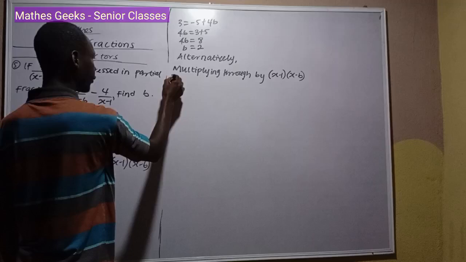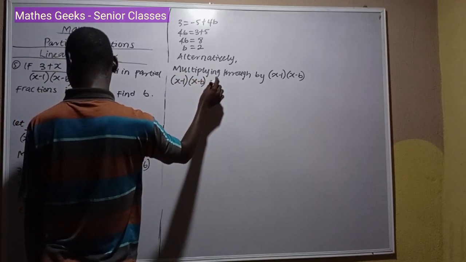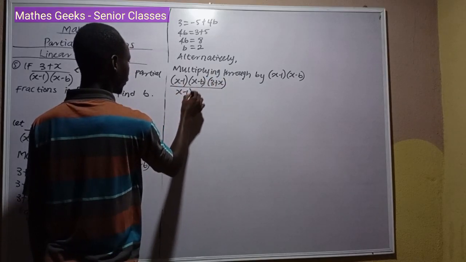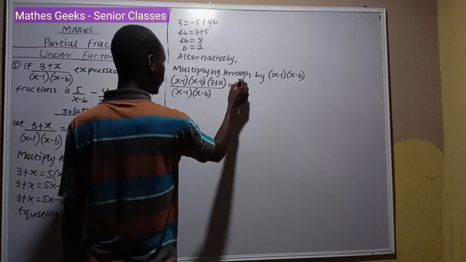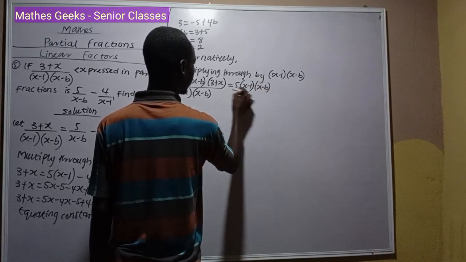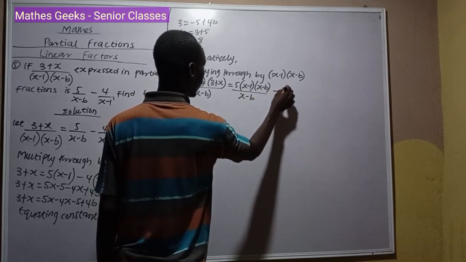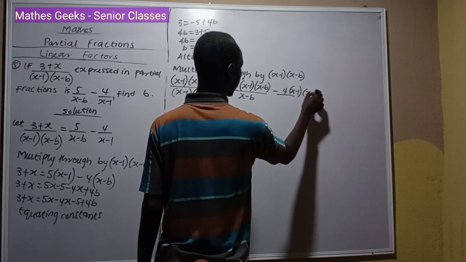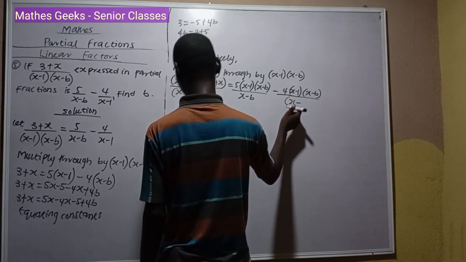We have x minus 1, x minus 2. 3 plus x, x minus 1, x minus 2 equals 5, x minus 1, x minus 2, x minus 2 minus 4, x minus 1, x minus 3, x minus 1.